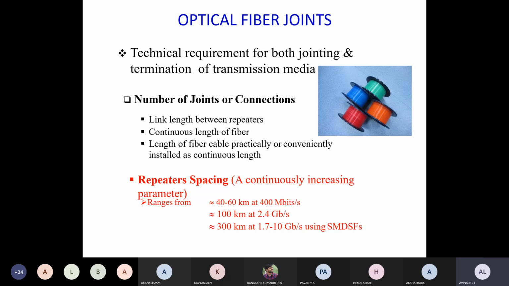If we are sending the signal at around 1.7 to 10 GB per second, then we require a repeater spacing of 300 kilometers. By this you can understand that if your signal strength is very high, the propagation distance can be extended and the repeater requirement reduced. That is exactly the understanding.